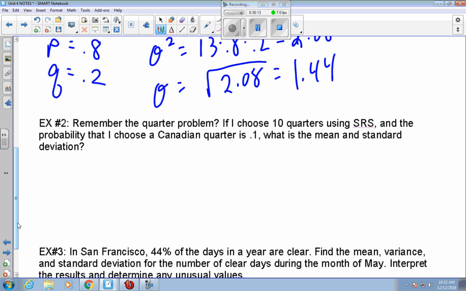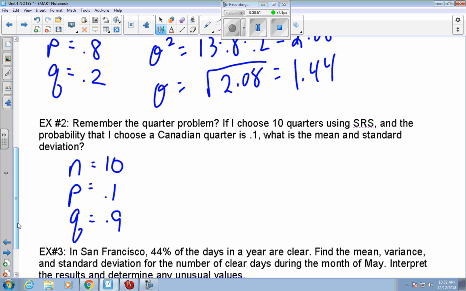So here we go with the quarter problem. Okay, same as what we did. So what is the mean and standard deviation? So again, identify n, p, q. All right, so the mu, if you have to write it out, go ahead, write it out.